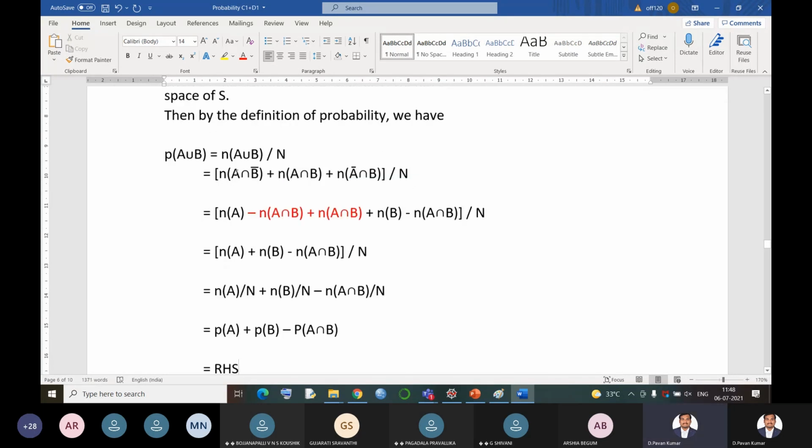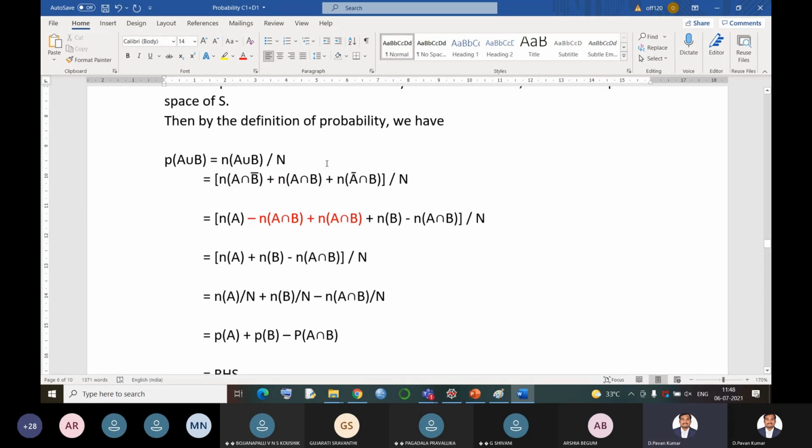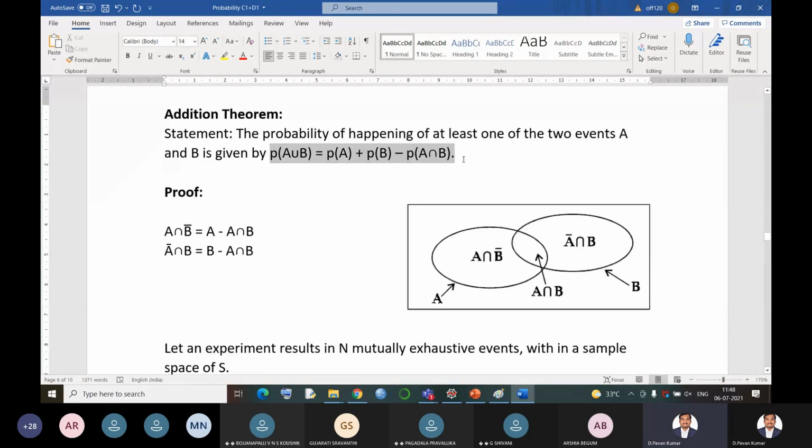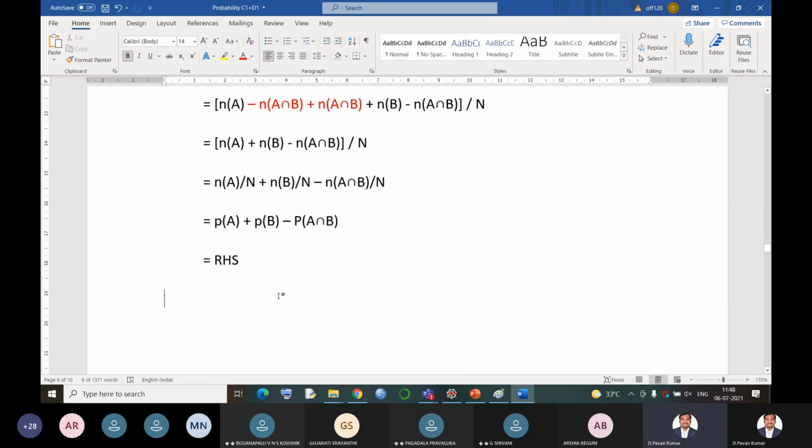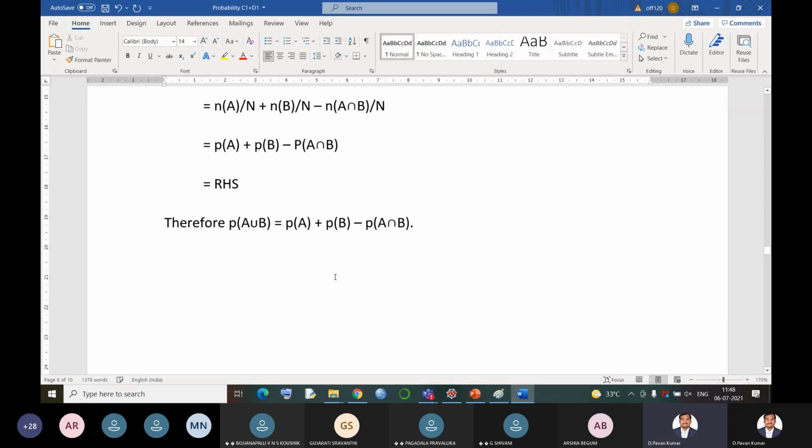We have started with P of A union B and we have ended up with the RHS. Therefore, P of A union B is equal to P of A plus P of B minus P of A intersection B. Hence, the theorem is proved.